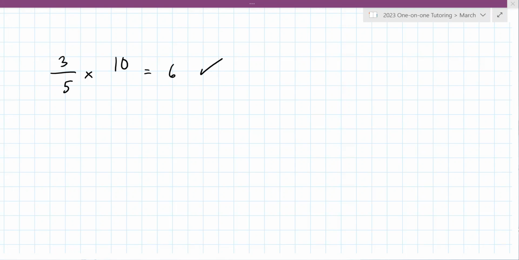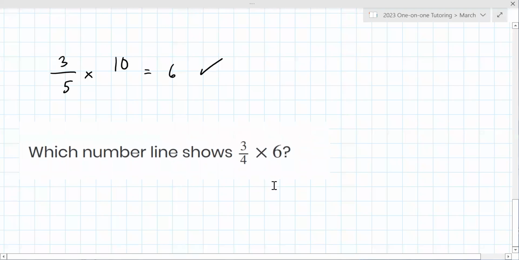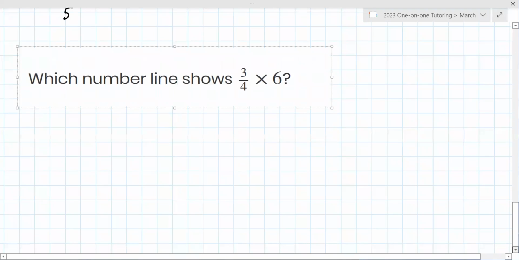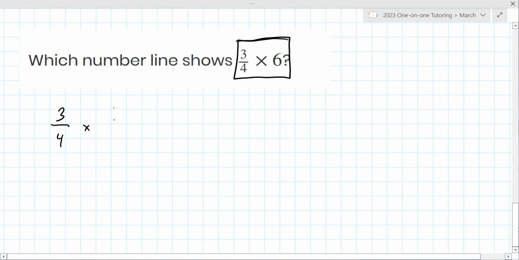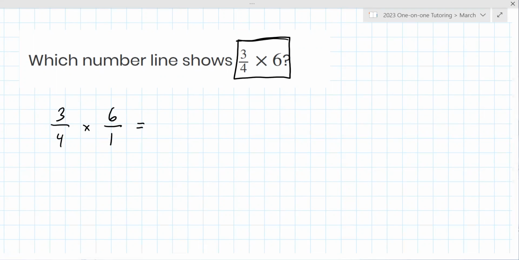But let's do another one here. So let's first do this calculation. The problem here has some graphs to go along with it. What I want you to do, Zoe, is do this multiplication first. I want you to be able to take 3/4 and multiply it by 6, which we know is 6/1. This one does reduce. So just keep that in mind as you're working through it.